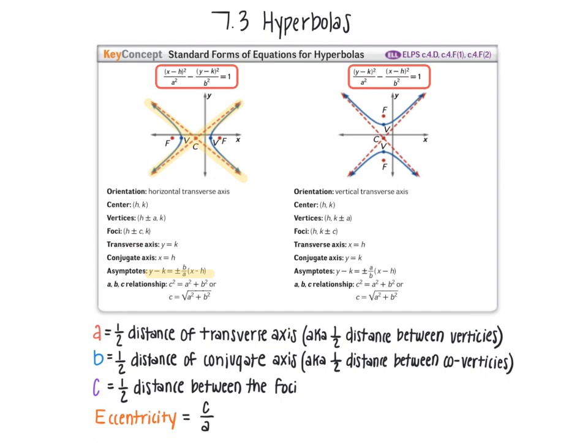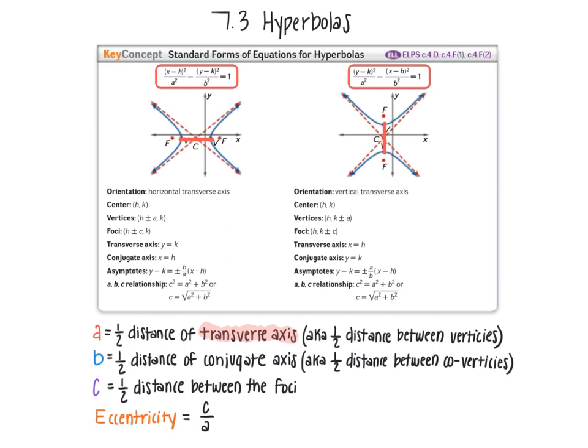The key takeaway here is understanding the types of information that you're given so you can derive the standard form equation. Terms that you will be hearing for the first time are transverse axis and conjugate axis. The transverse axis is the distance between your two vertices, and that's going to give you 2 times a. So if you divide that distance in half, you can find a.